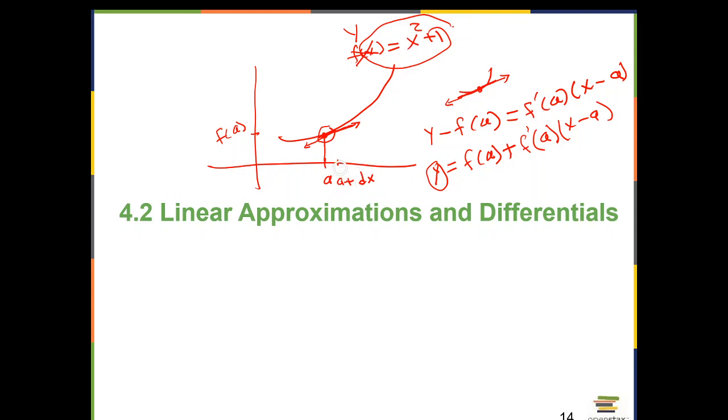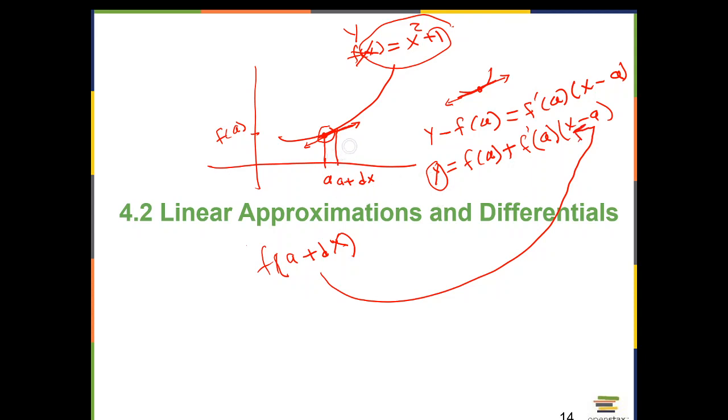So in order to find the function value at a plus dx, we are going to substitute a plus dx in here for x.